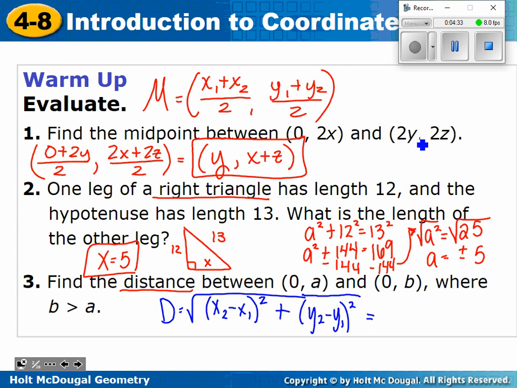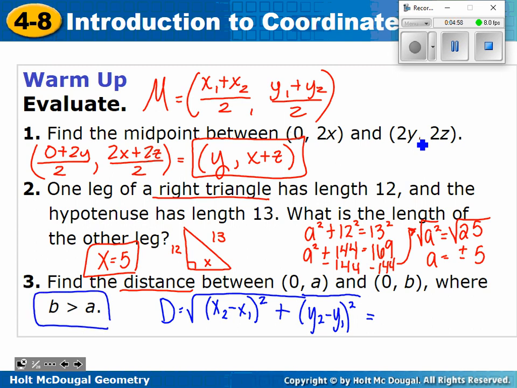So keeping that in mind, and we're trying to find distance, which is supposed to be a positive number, should we be doing a minus b or b minus a? Exactly. If b is bigger than a and we want a positive distance, then we should be subtracting b minus a, the bigger one minus the smaller one. That's the only reason this is important right here.